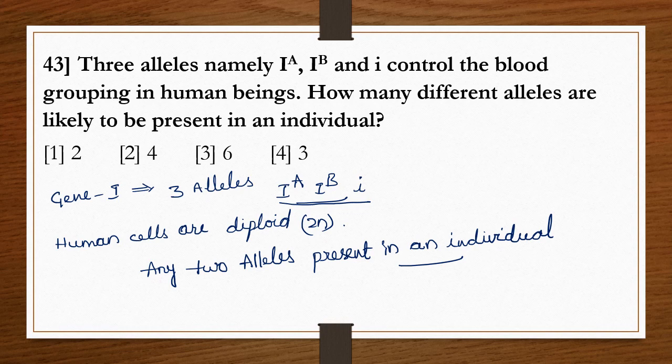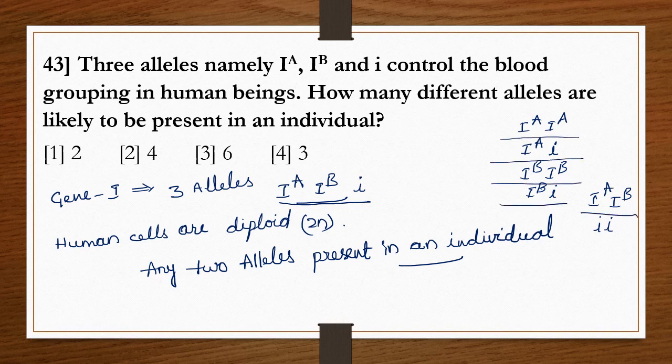So the two alleles may be present like this: IA IA, or IA small i, IB IB, IB small i, IA IB, small i small i. Any one of these pairs is present in an individual.